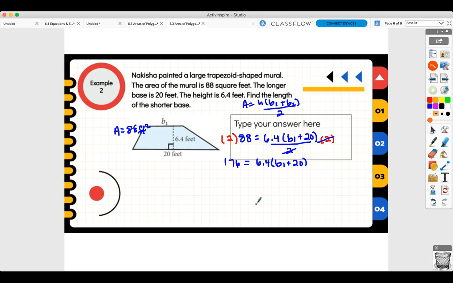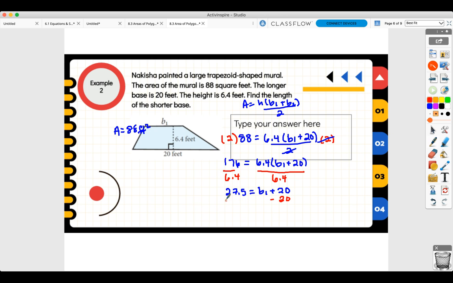Now what do you think you do? You can go ahead and do this 2 ways. You can either distribute first, or you could get rid of that 6.4 by dividing 6.4 to both sides. 176 divided by 6.4 gives you 27.5 is equal to B1 plus 20.